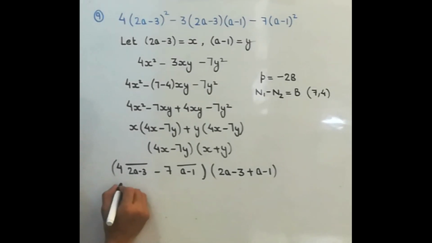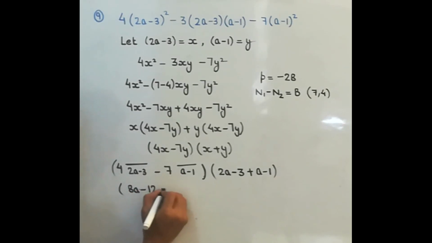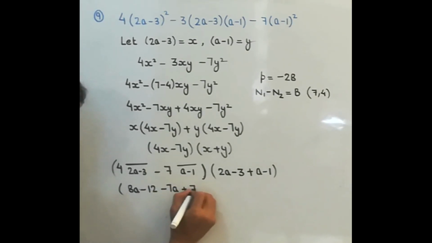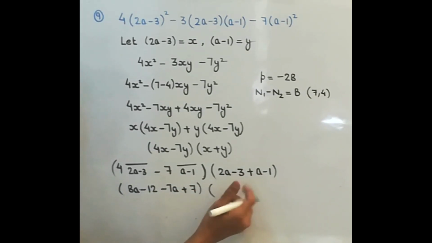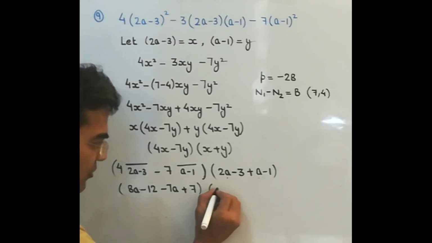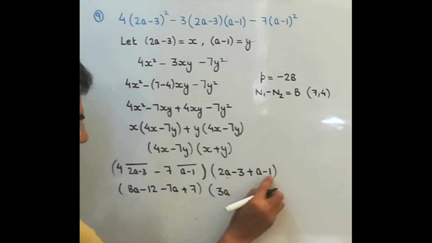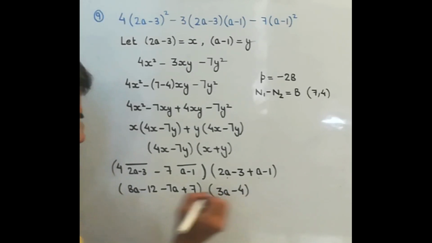Now here, when you open this bracket, you are getting 8a minus 12. Here you are opening the bracket with minus 7, so minus 7a, then minus minus plus 7. Now in this bracket, these two are like terms, and will give you 3a and minus 4.